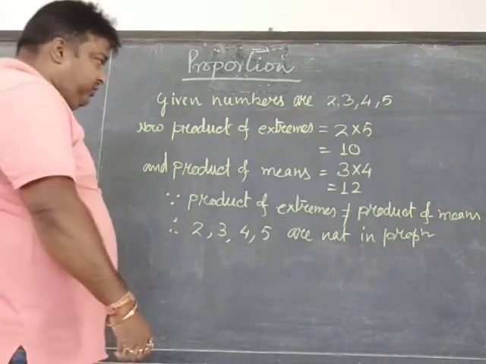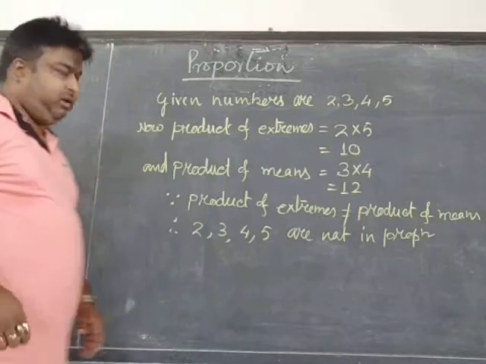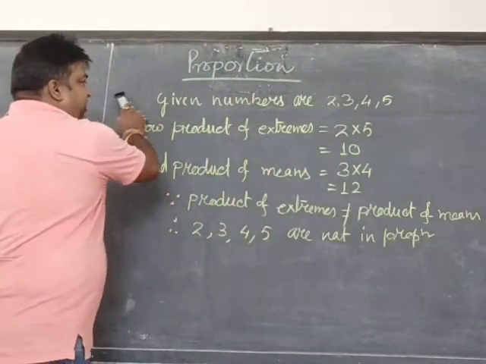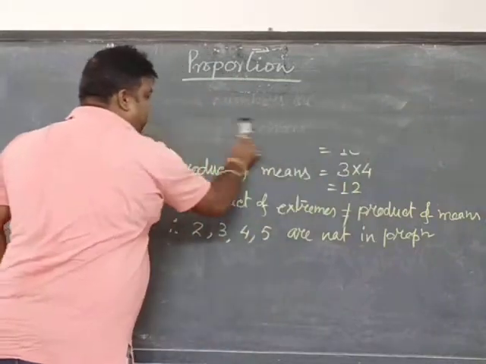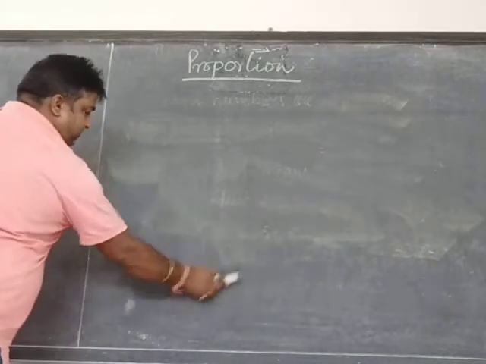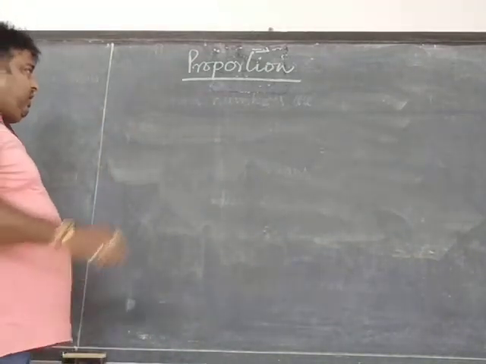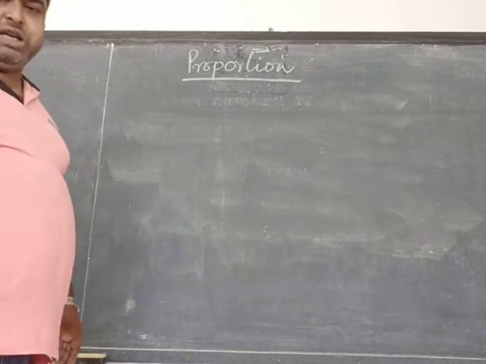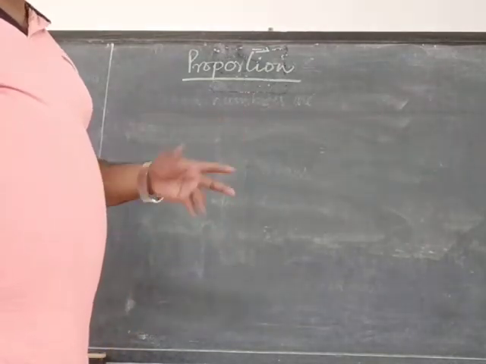So we have to assume a number which is to be increased or decreased, that we don't know.